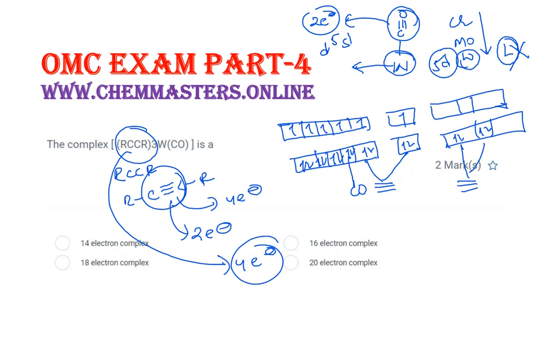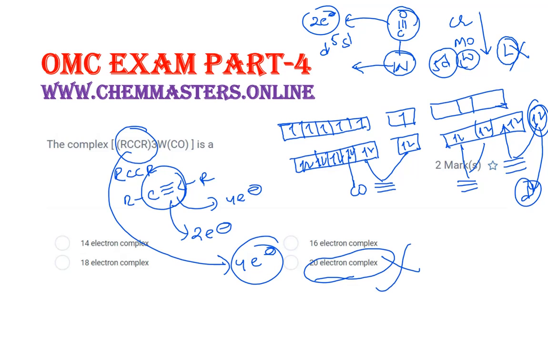Then the next alkyne contributes 2 electrons here, and for the next 2 electrons there is no availability of a d orbital or empty valency orbital. That's why we can say that a 20 electron complex is not possible for this tungsten with the given ligands.